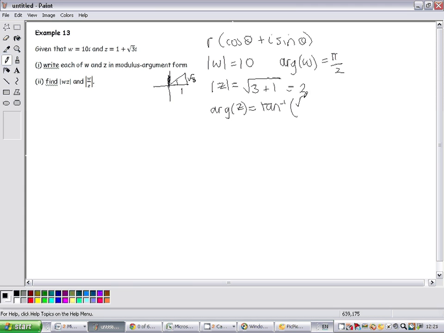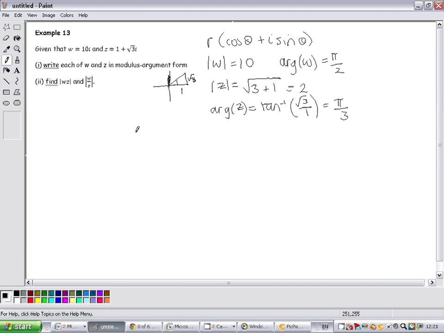Now, when you've done the trigonometry section of C2, you will know what the inverse tan of root 3 is because you will learn them all. It's a standard angle, it's actually 60 degrees. Inverse tan of root 3 is 60 degrees, and in radians that's pi over 3. So we've got to write them in mod arg form.